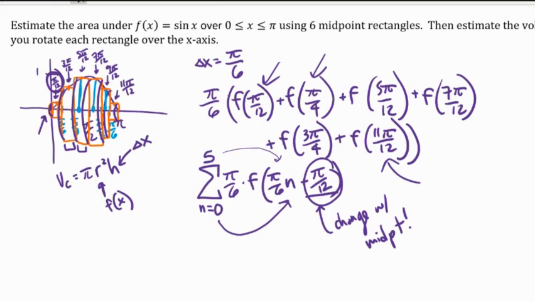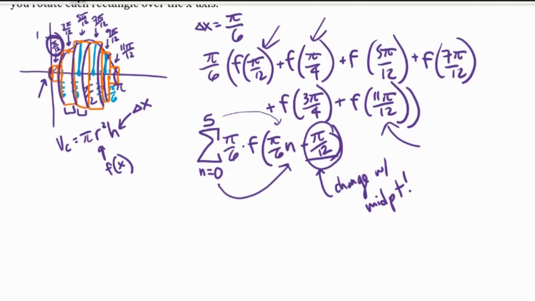So the way we can set this up is by adding up all your rectangles. I'm sorry, not my rectangles, my cylinders. All of my cylinders have pi, and all of my cylinders have the same height, so again, this is my h. But what we need to add up is the r squareds. My first radius is at pi over 12, and we're squaring that.